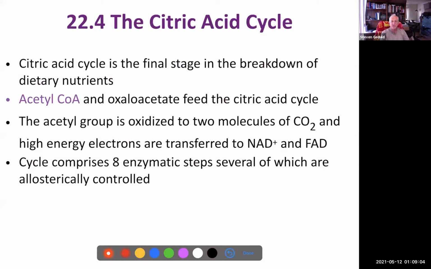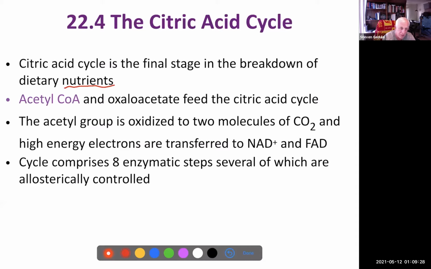Now, the citric acid cycle, let's go through this again. There's several steps to it. The citric acid cycle is the final stage of the breakdown of dietary nutrients. So everything is going to break down, whether it's a protein, fatty acid, or a carbohydrate. They're all going to break down and enter into the citric acid cycle. Then we go through glycolysis to break down glucose. That forms pyruvate.